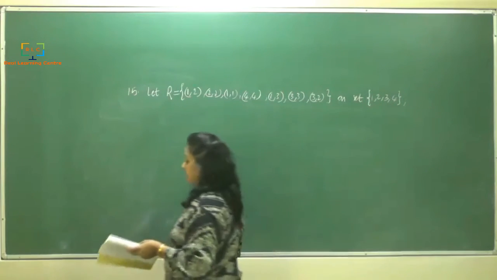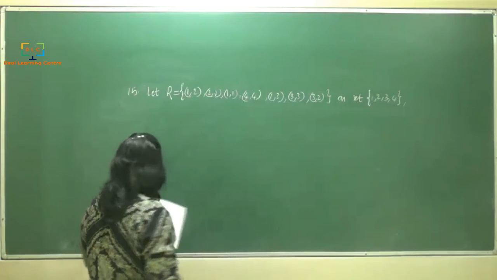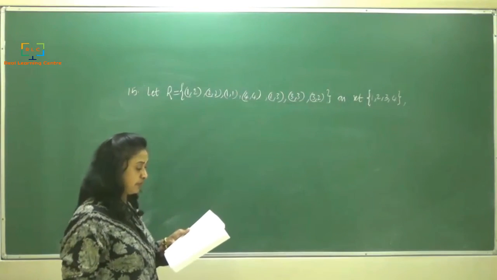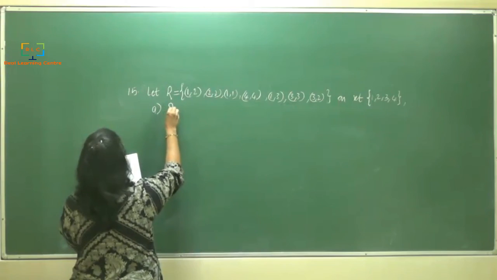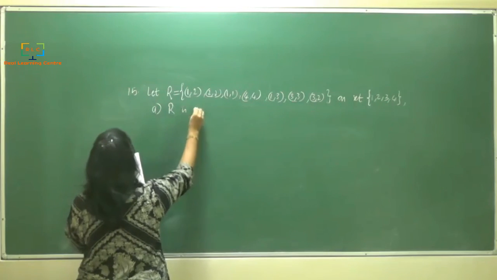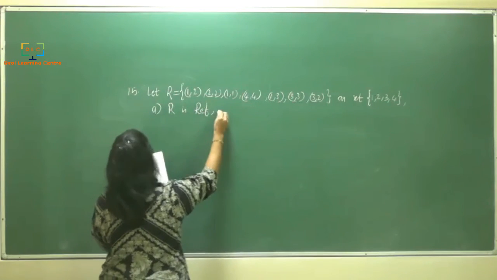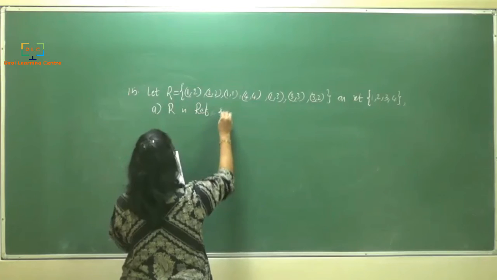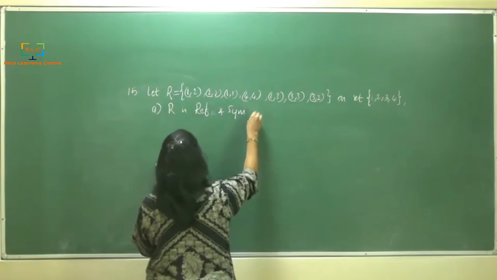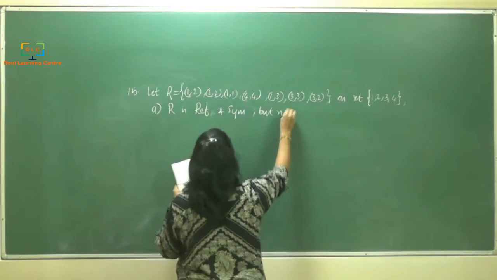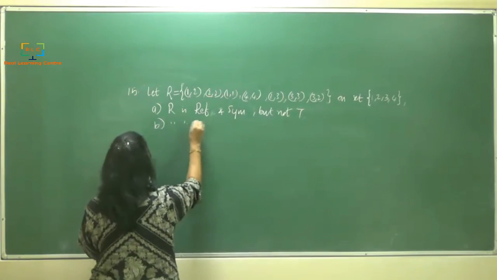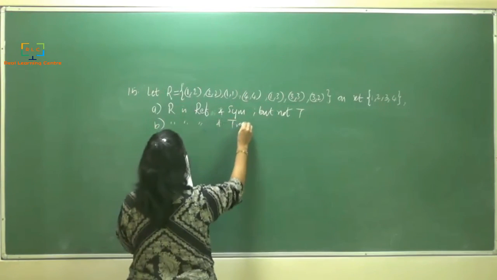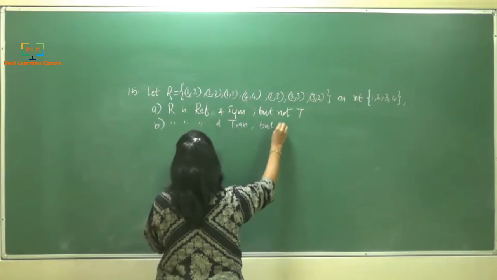Okay, choose the correct answer. A, R is reflexive and symmetric, but not transitive.